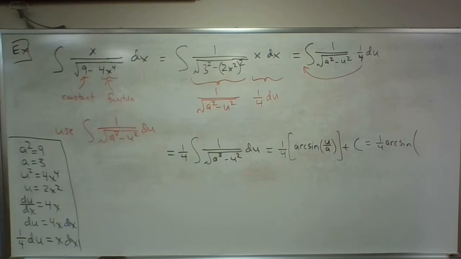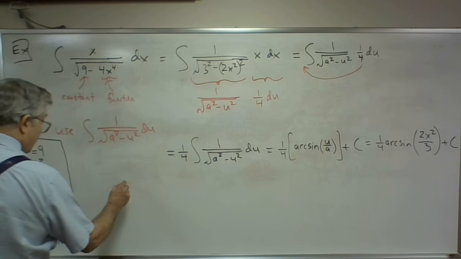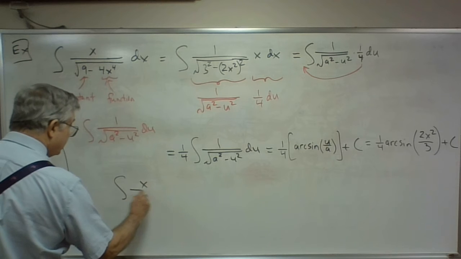And what's u? 2x squared. And what is a? 3. Wonderful. Okay. And I summarize things here.